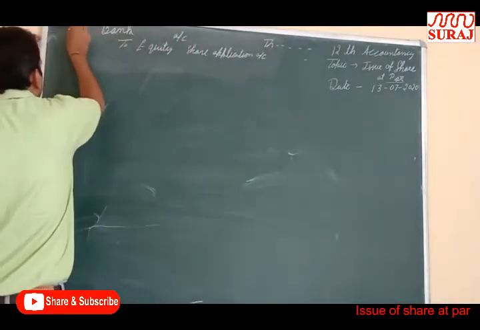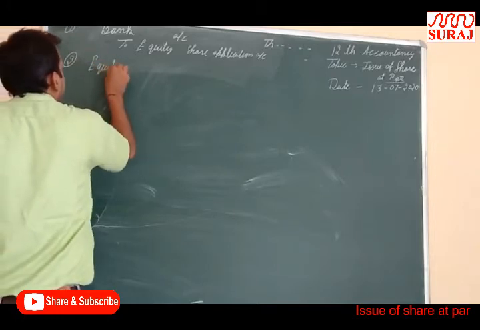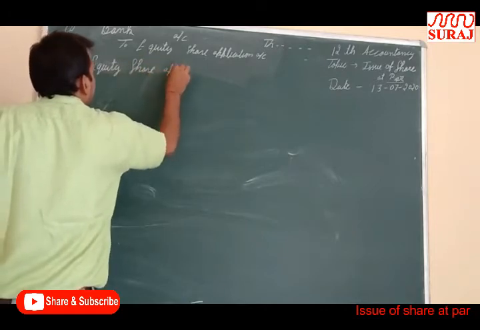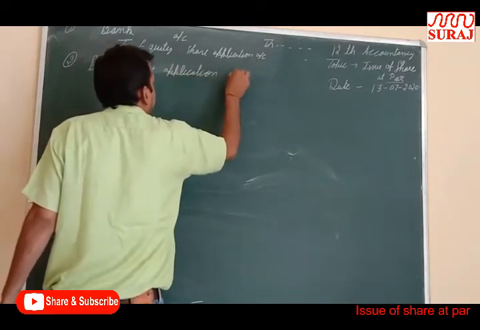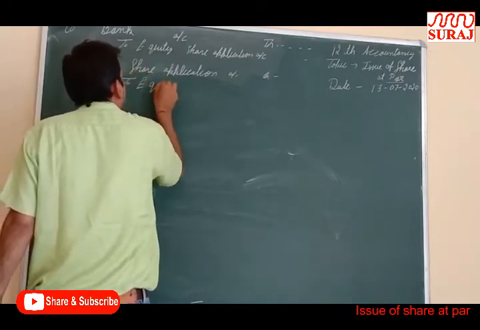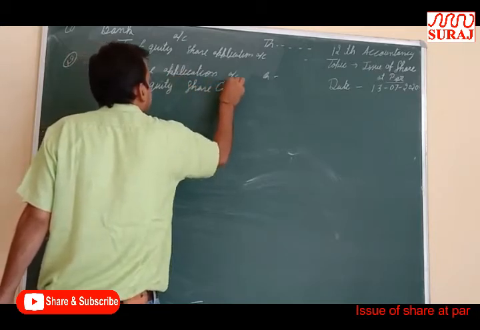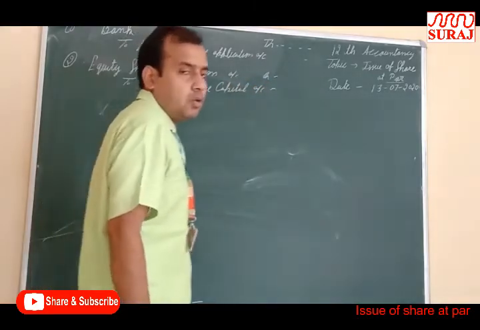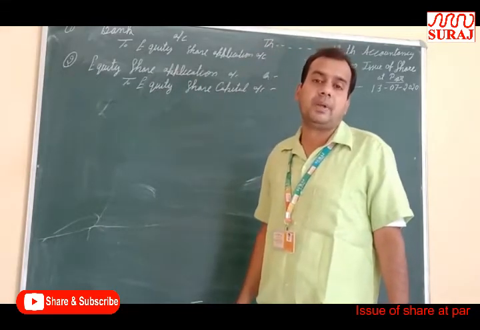Your entry will be made: equity share application account debit to equity share capital account. Now the narration will be application money transferred to the share capital.